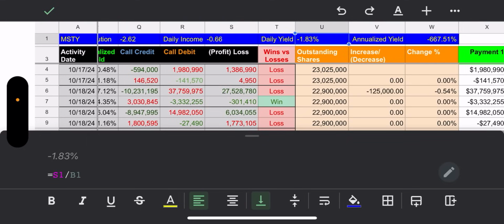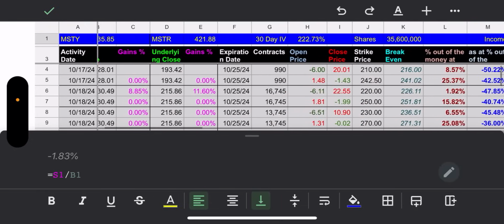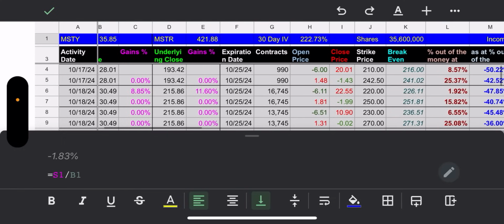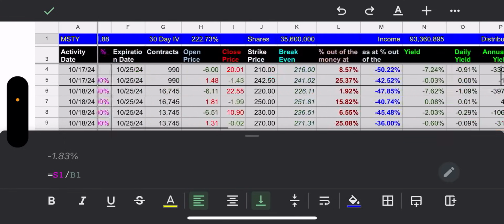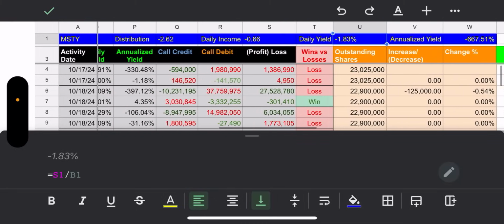And then there's daily yield. What is daily yield? I mean, it's pretty simple. You take the daily income and you divide it by, B1? B1. So S1, let me just double check. So daily income divided by Misty price.